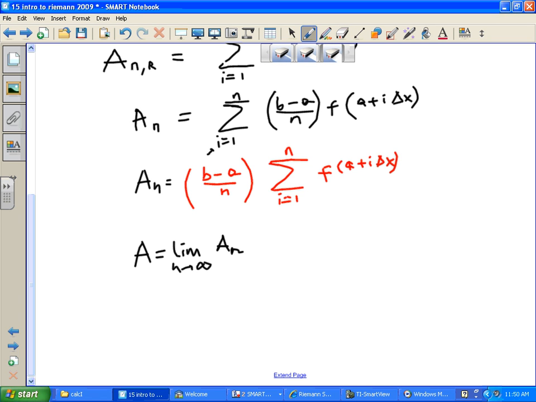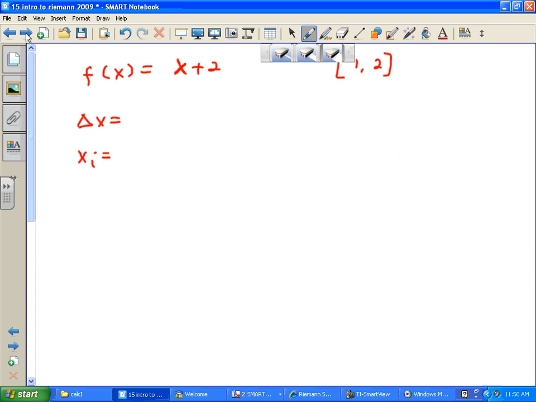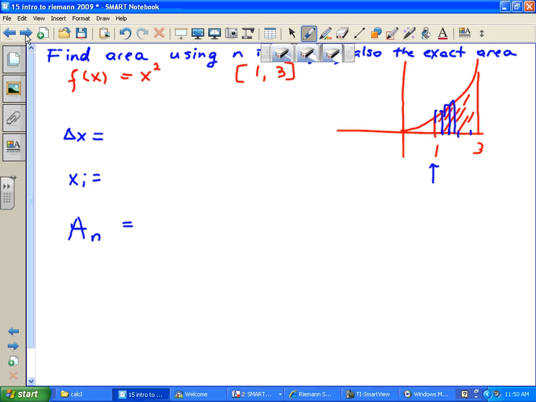Okay, now let's do an example to see how we can use the ideas about this generalization technique. Let's start with, once again, the example of f of x equals x squared, but this time a different interval. This time it's from 1 to 3, not from 0 to 1. Let's start listing the following, starting with delta x. Delta x is the base of each rectangle.